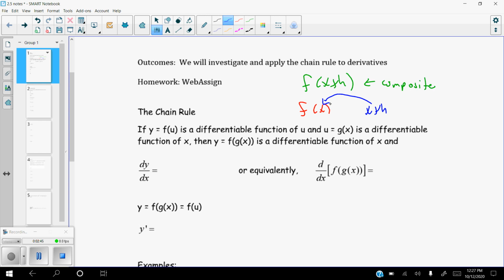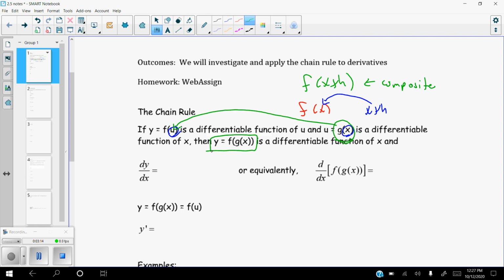So again, here's what you have to piece together. So y is a function of u. u is a function of x. So if I want to find the derivative of y as a function of x, I can take all of this right here, which is u, and plug it in right there and get y as a function of x.